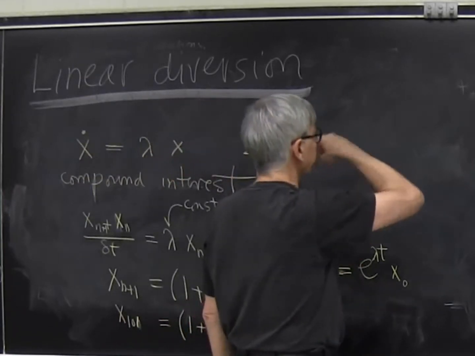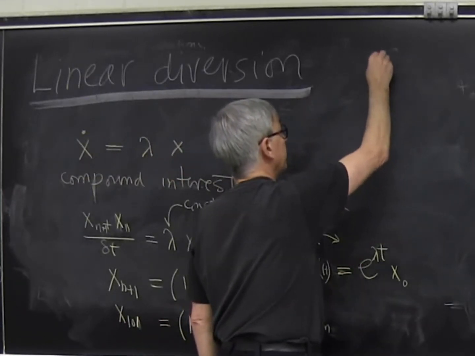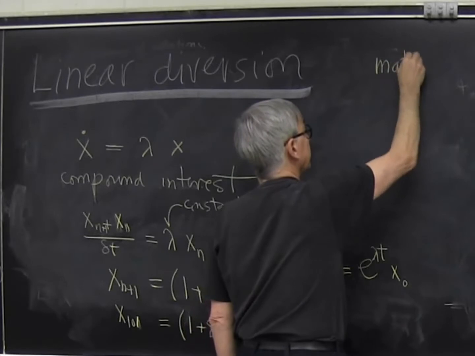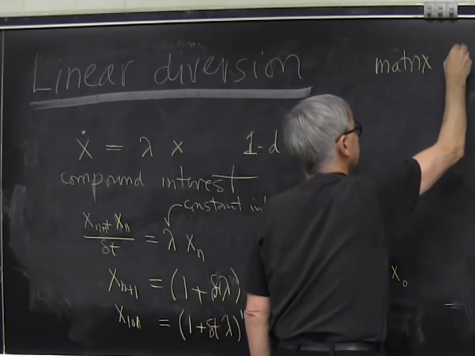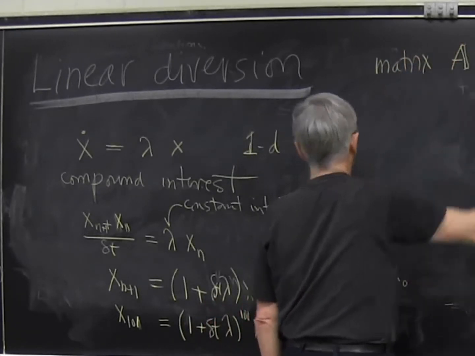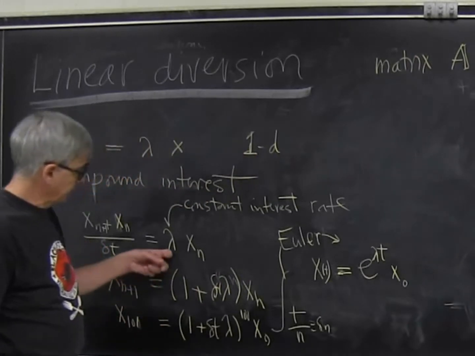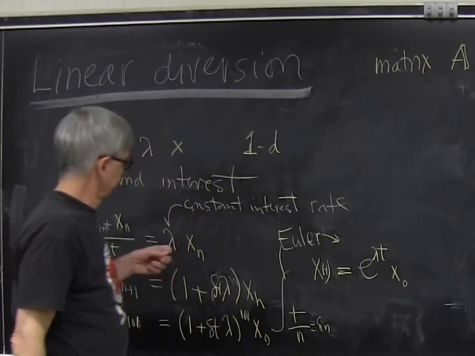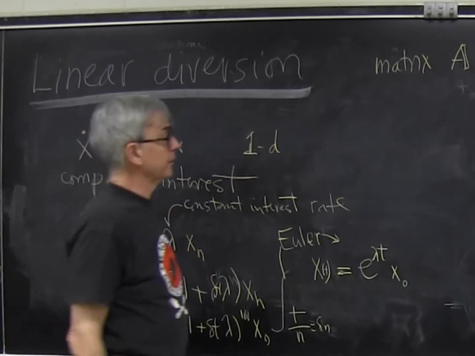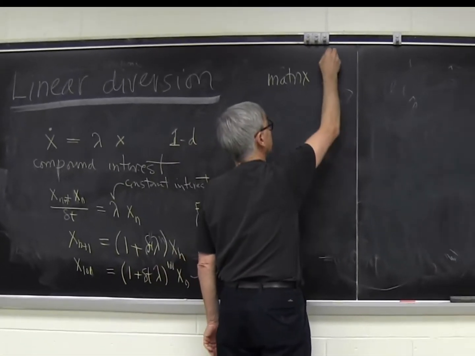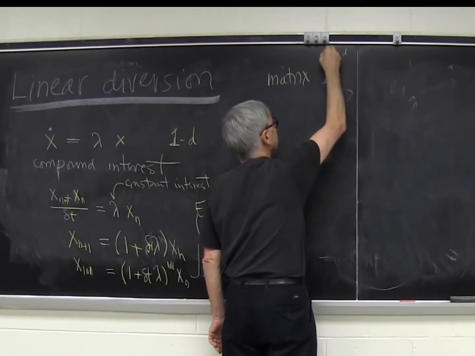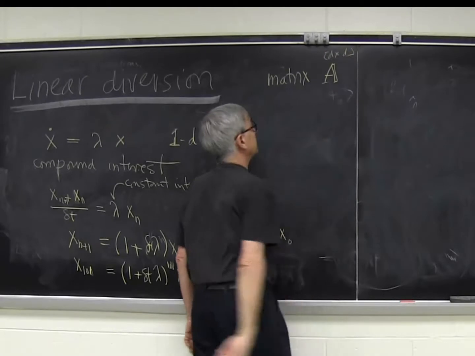And that works also for matrices. So if you take a matrix A, instead of just one rate of growth, the matrix is your d by d rates.